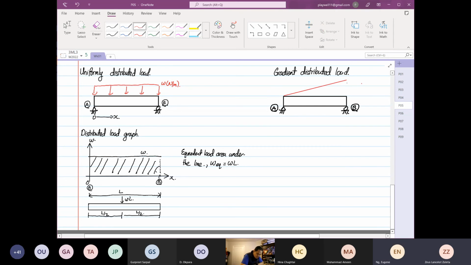When you see the omega on a distributed load, it is the omega of the largest load, in Newton per meter.